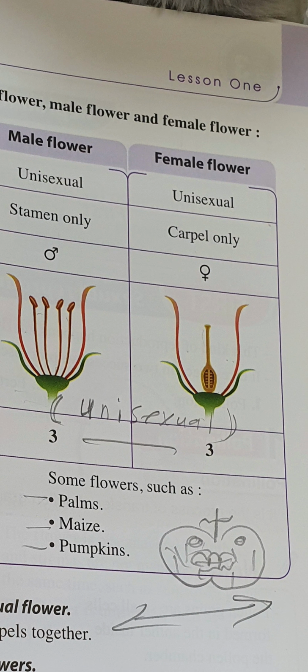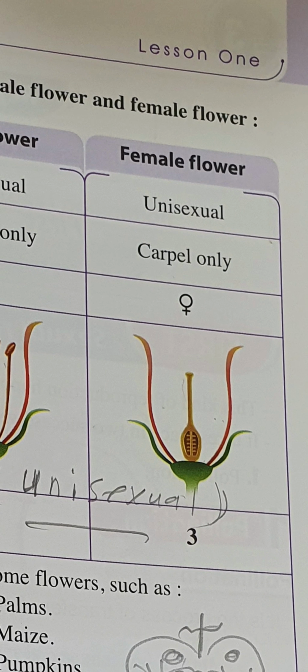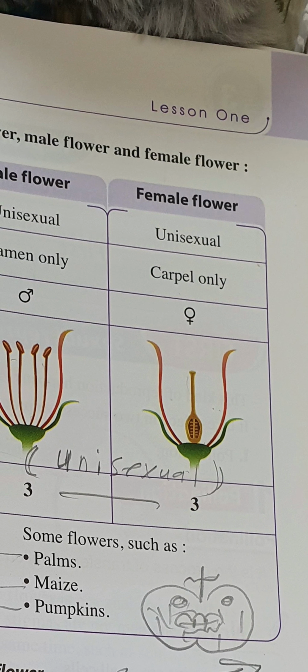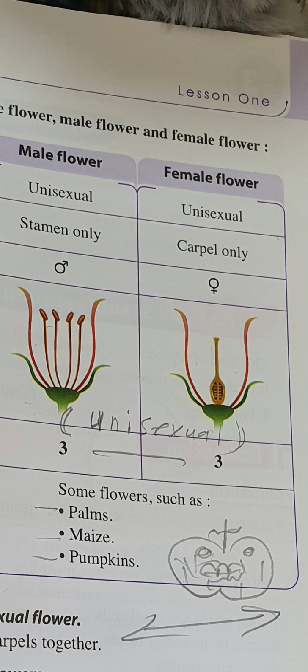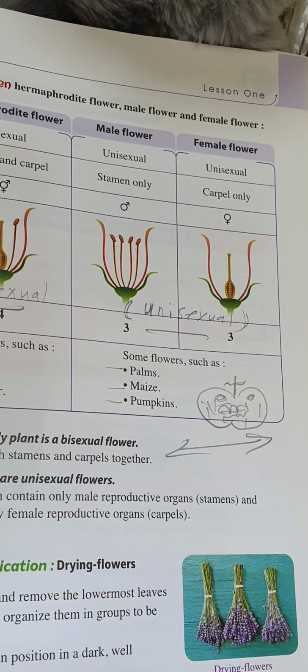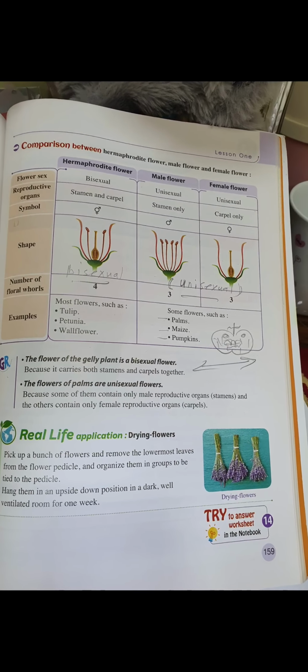And the unisexual flower which carries calyx, corolla, and gynoecium only is called a female flower, and we give it a symbol, a circle with a plus. This female flower has 3 whorls only. We have unisexual flowers like what? Like the palm tree and like the maize and pumpkin. You know the pumpkin, Halloween, and so on.